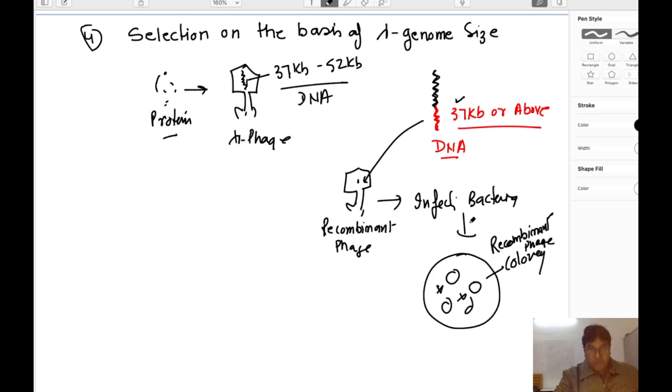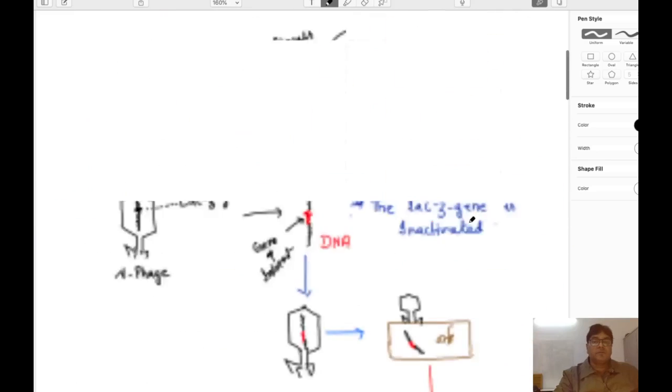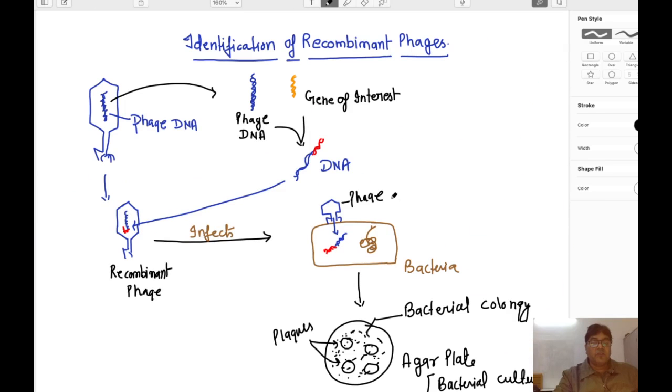So let me have a quick revision of what we have done right from the starting. If we want to identify the recombinant phages, then we should know what the recombinant phages are. So if we take a lambda phage and we take out its DNA, we insert the gene of interest into it, and this DNA is put back into the phage to make a recombinant phage, and then this recombinant phage infects the bacteria.